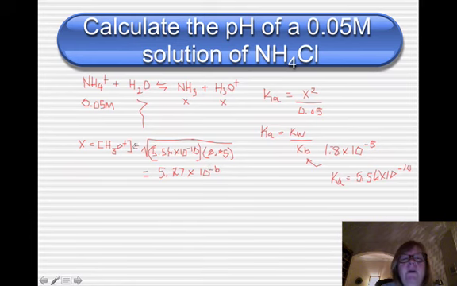That is a hydronium ion concentration, so the negative log of that will give us our pH, and our pH of that ammonium solution is, I think, 5.28. Okay, so there we go. That's an acidic pH. It's below 7, and the ammonium ion was acting like an acid, donating its proton to water, so I would expect a pH below 7.